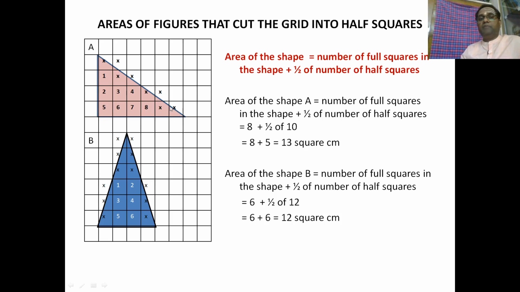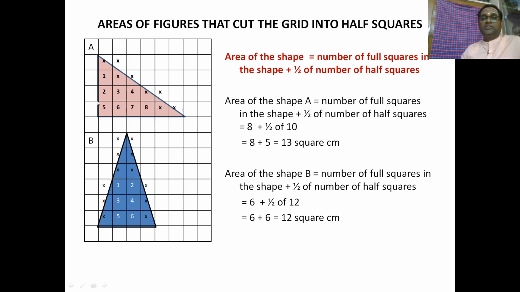This is not a complete square. Even this is not complete because a small chunk is gone out. So these all are half squares. You can see I have marked all the half squares with an X mark, and I have counted the full squares by numerals, that is 1, 2, 3, 4, 5, 6, 7, 8.